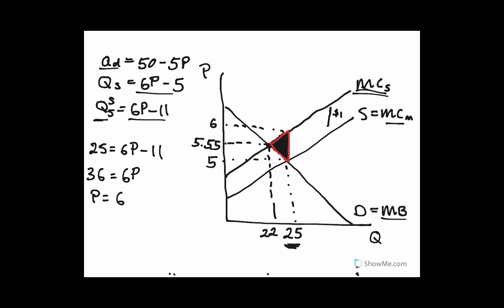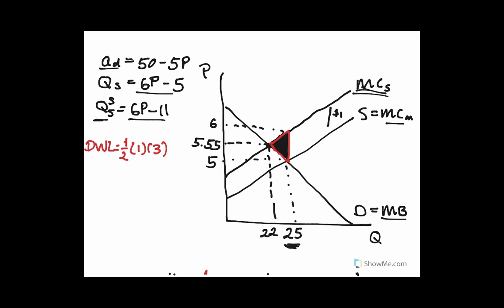We know what that is. So I can say that the deadweight loss is equal to 1/2 times the base, which is going to be 1 here, the 6 minus 5, times 3 from the height, which is 25 minus 22.